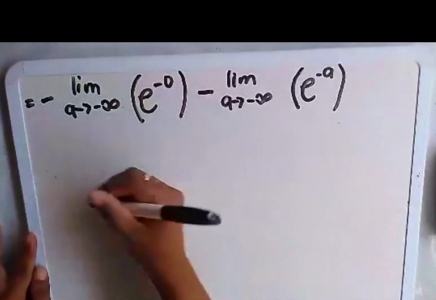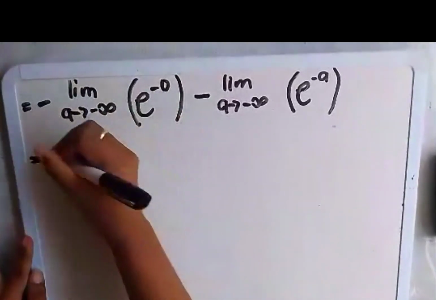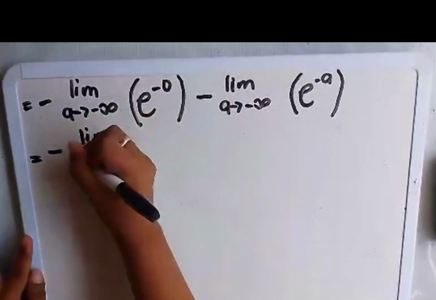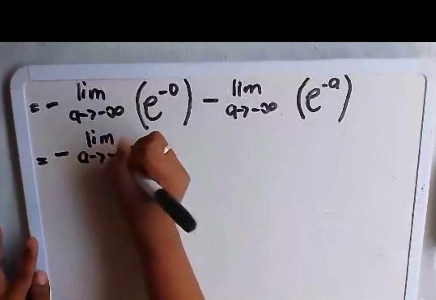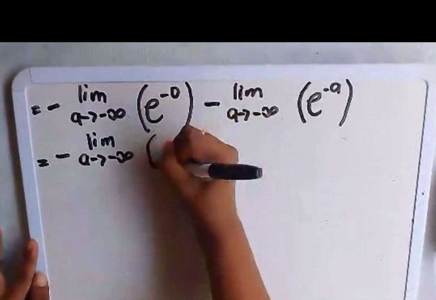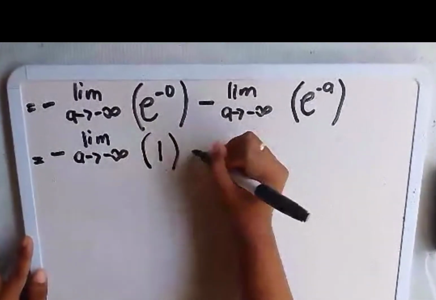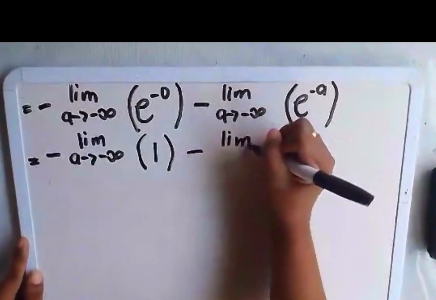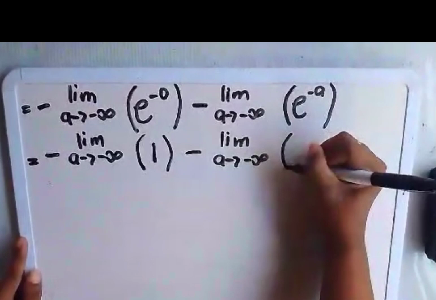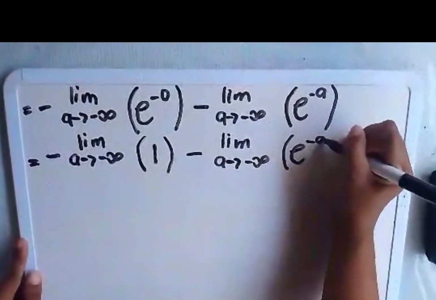And then, simplify. So, negative limit as a approaches negative infinity, e raised to negative 0 is equal to 1 minus the limit as a approaches negative infinity of e raised to negative a.